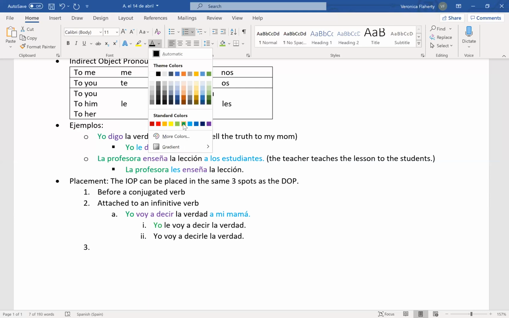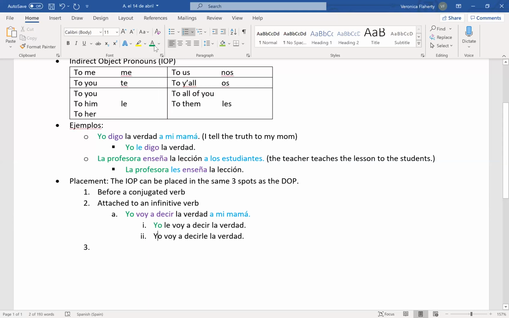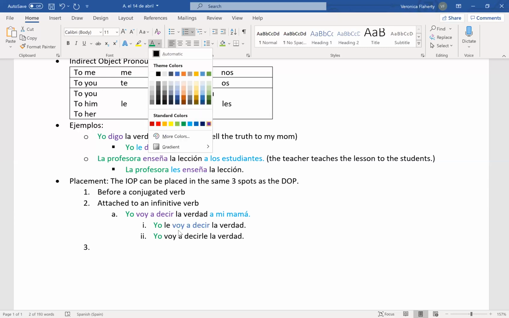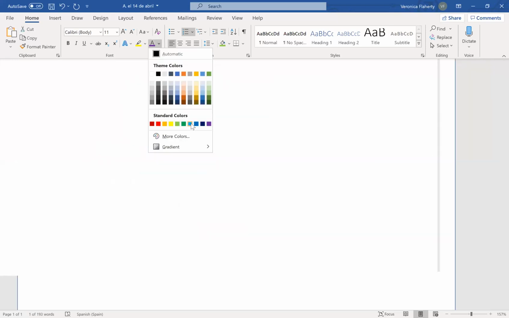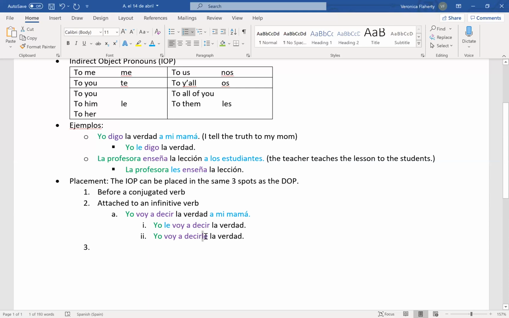I'm still going to put the colors in. Okay. So those two places are perfectly fine.